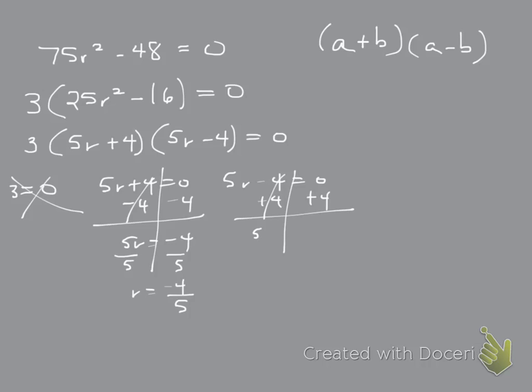That gives you 5r is equal to 4. Now what? Again, divide by 5. So r is equal to 4/5. So essentially what you end up with is 1 positive, 1 negative. Wouldn't that make sense? Why does that make sense? Because both your equations are the same except for the positive and the negative sign.